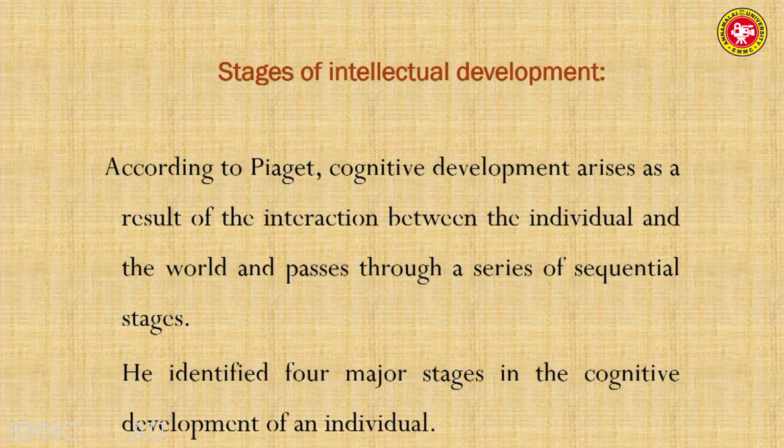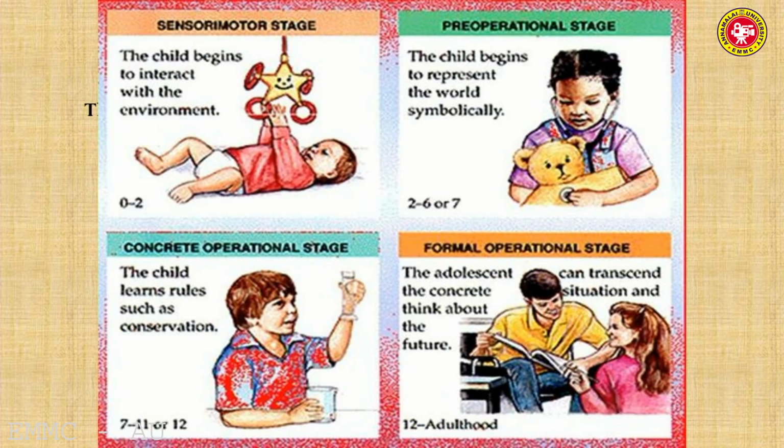Next, stages of intellectual development. According to Piaget, cognitive development arises as a result of interaction between the individual and the world and passes through a series of sequential stages. He identified 4 major stages. First stage, see here, sensory motor stage.